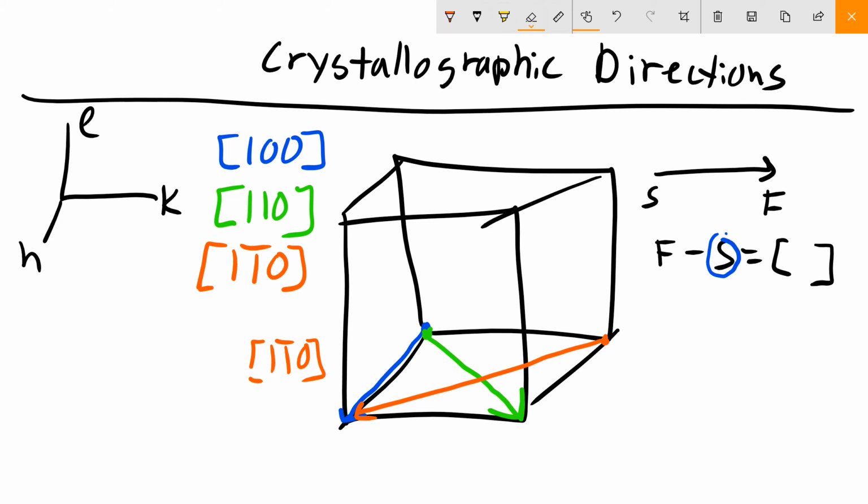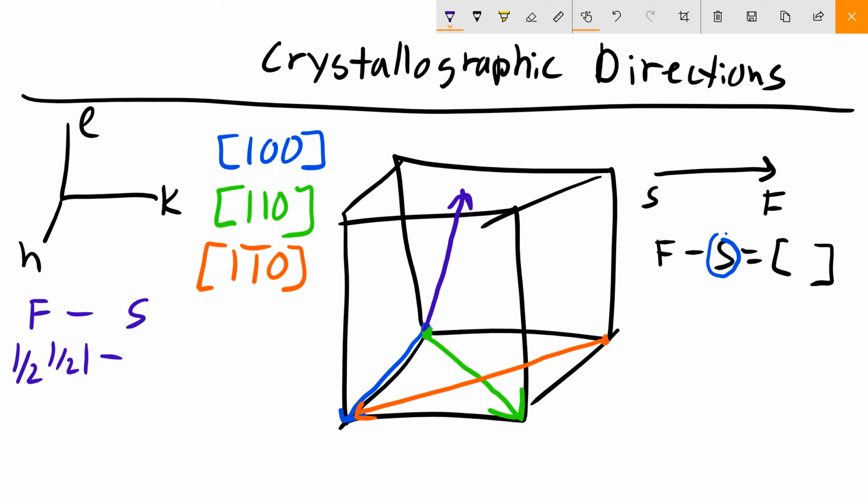And alternatively, if I were to draw a direction, let me draw actually a tricky one here. Let's see if you can get this. Same principle as usual: finish minus start. My finish here is actually 1/2, 1, and my start is 0, 0, 0.